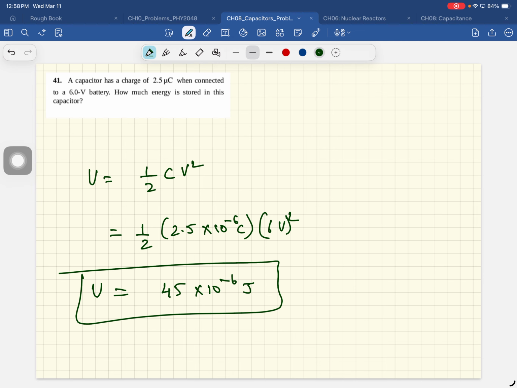The energy stored is 45 millijoules. I mean microjoule.